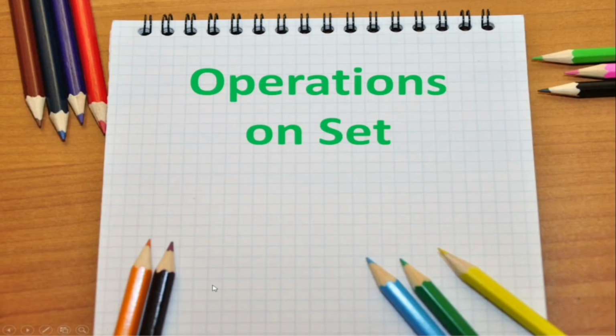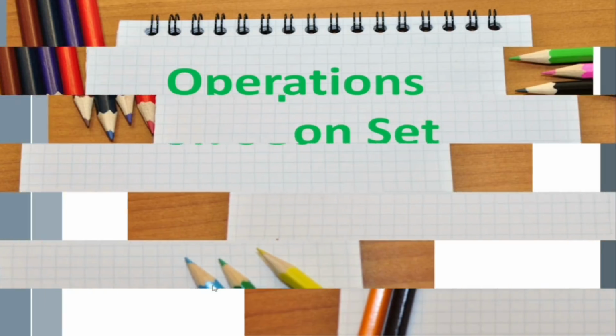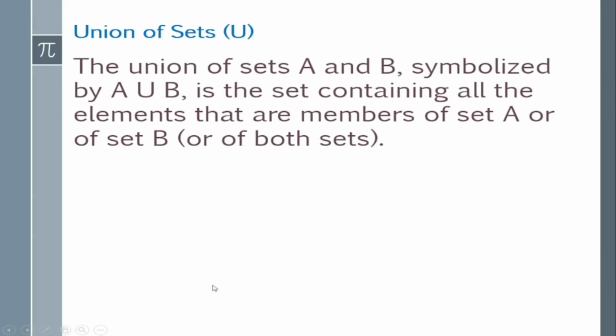So again, the topic that I'm going to discuss for today is all about the operations on set. Okay, so when we say union of set, that is denoted by U, the union of set A and B, symbolized by A union B, is the set containing all the elements that are members of set A or set B, or of both sets.